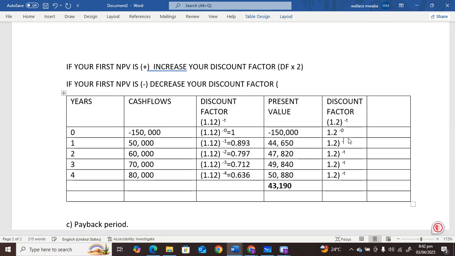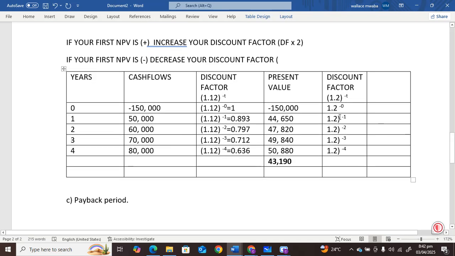Then in year 1, 1.2 to the power negative 1. Year 2, 1.2 to the power negative 2. Year 3, 1.2 to the power negative 3. Year 4, 1.2 to the power negative 4. So we can use our tables.